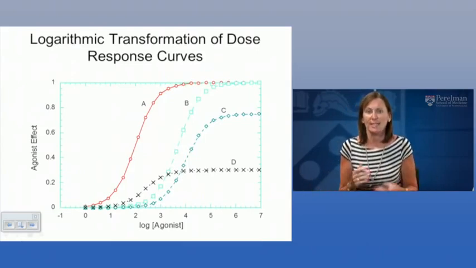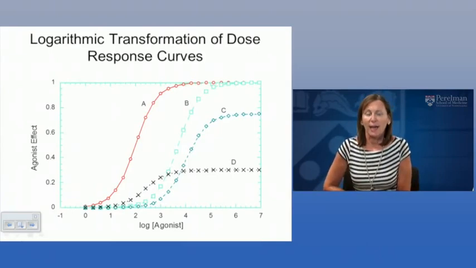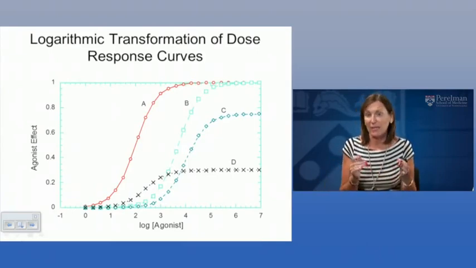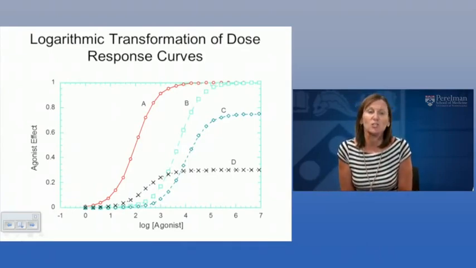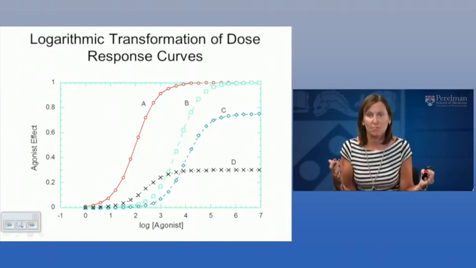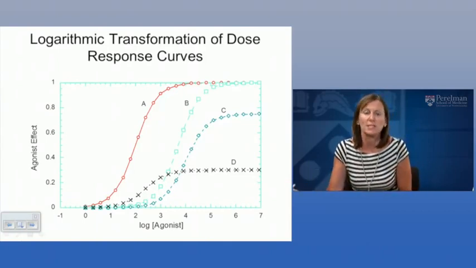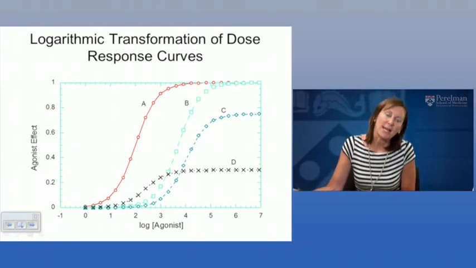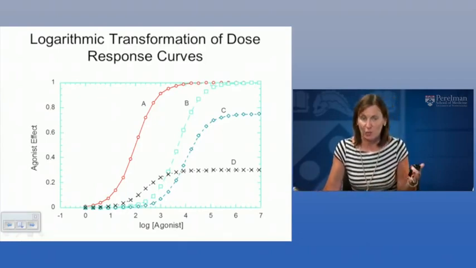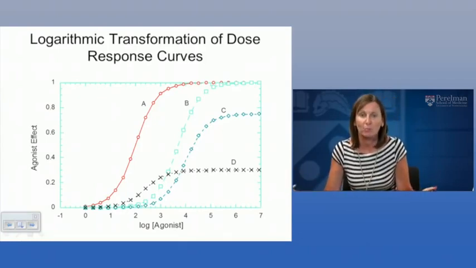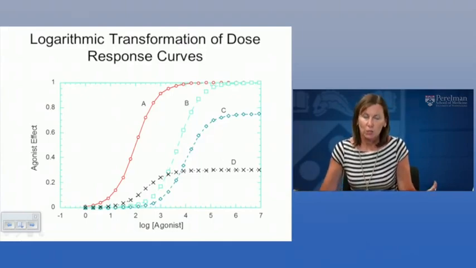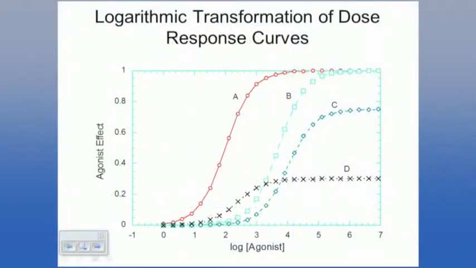And just to give you an example, on the x-axis again, you have a log of the concentration or the dose of the agonist. Let's say you've got 4 different drugs in play here. And on the y-axis, you have the effect, whatever the effect you might be looking for. So look at this slide, if you will, for a few moments with me and ask yourself some pretty simple questions.